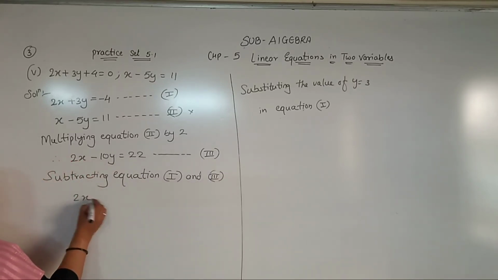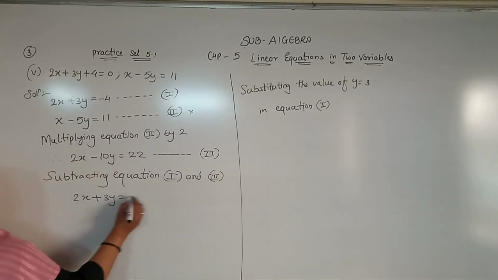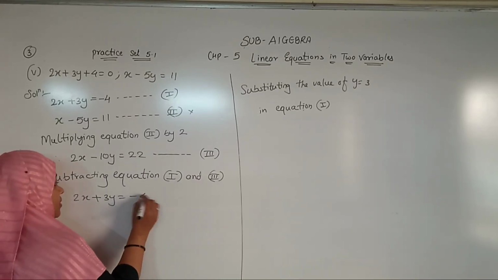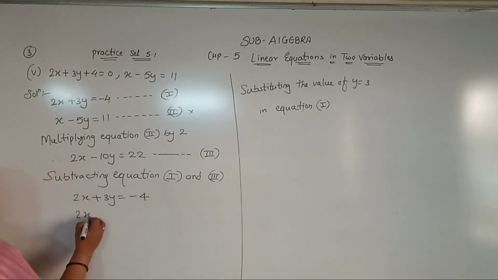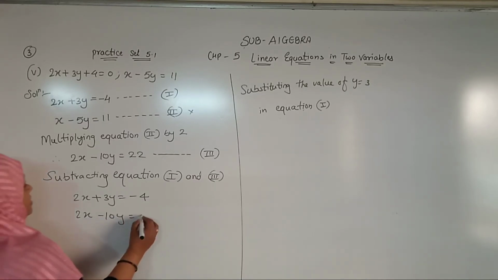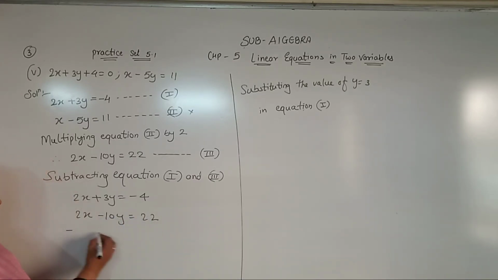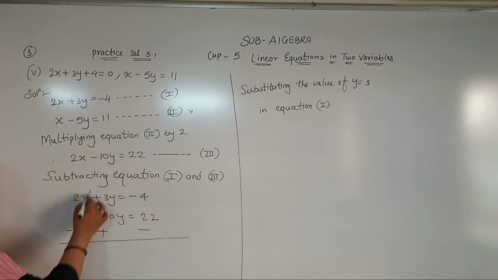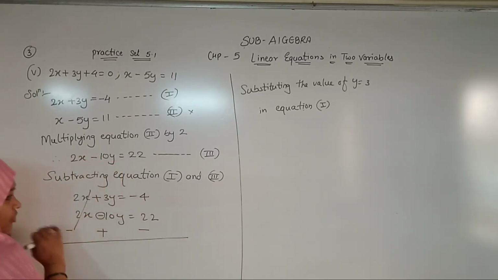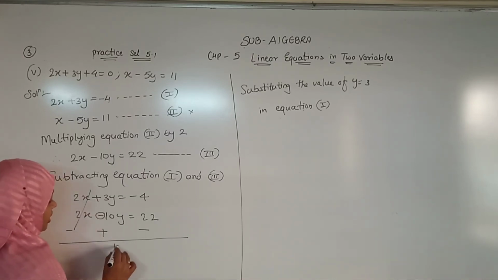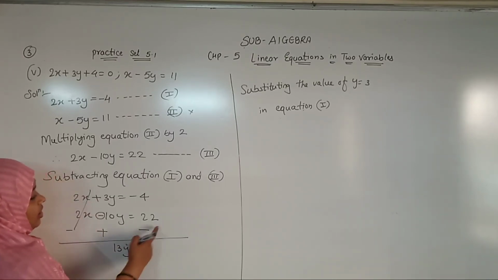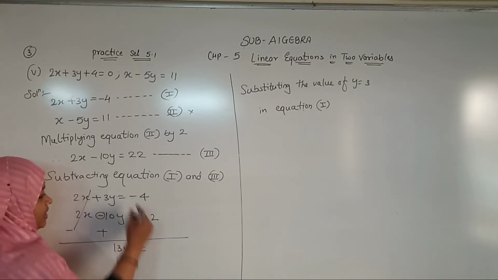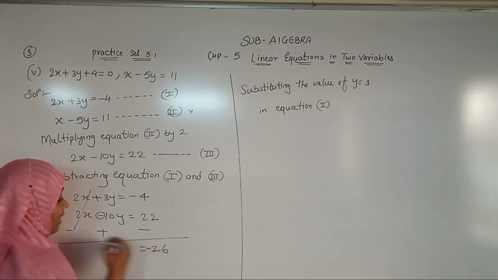See, 2x plus 3y is equal to minus 4, 2x minus 10y is equal to minus 20. See, I have to change the sign. Leave one line and change it. So what happens? These will cancel. Plus, plus, plus. So I got 13y, and so I got minus 26.